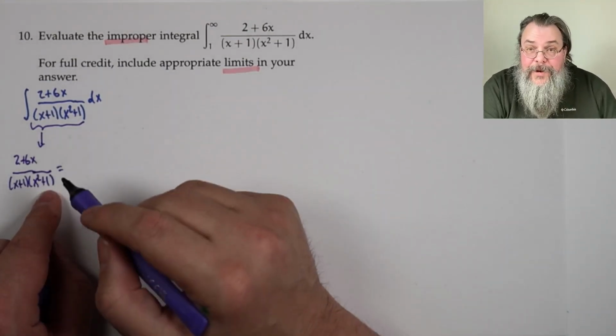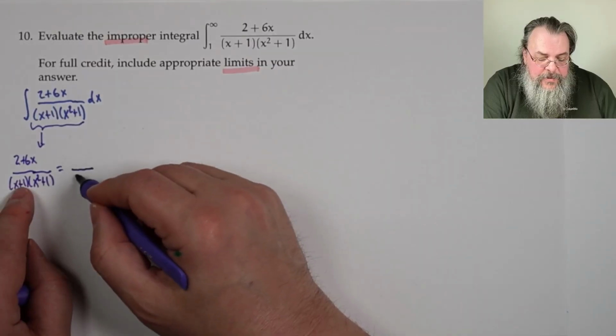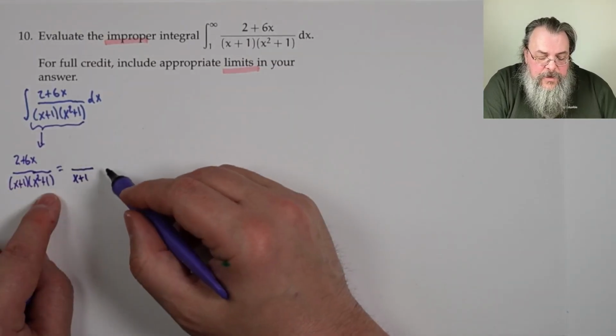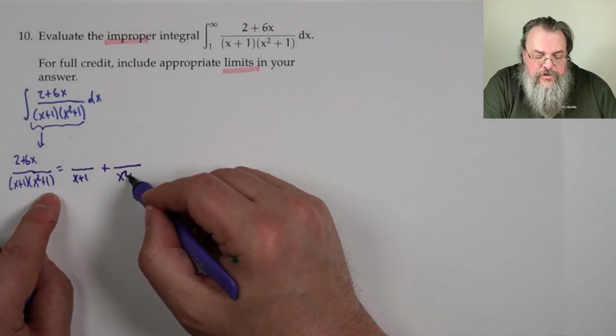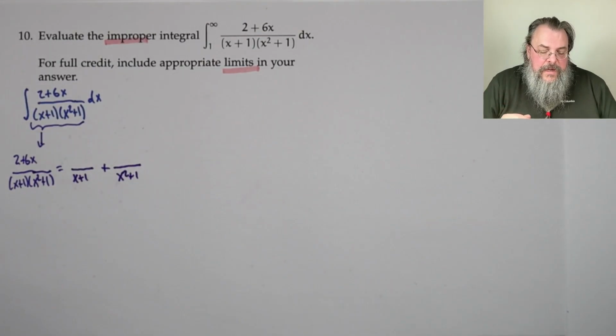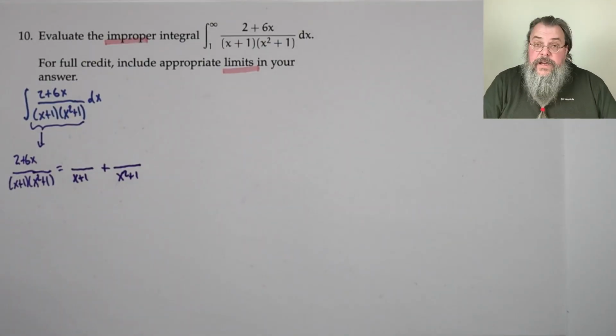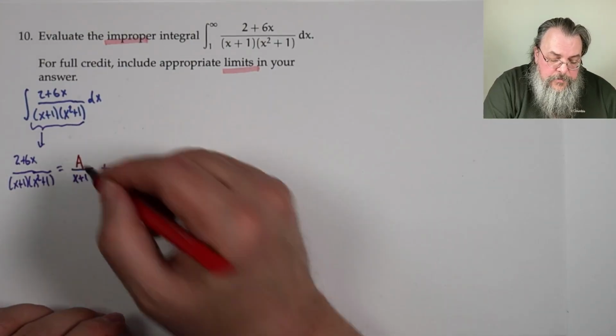All right, back to our regularly scheduled problem. The x plus 1 tells us we have something over x plus 1, and the x squared plus 1 means we have something over x squared plus 1. We don't have any extra powers, it's not like x plus 1 cubed, so that's nice. On top of the x plus 1, because it's linear, we have one unknown constant, a.